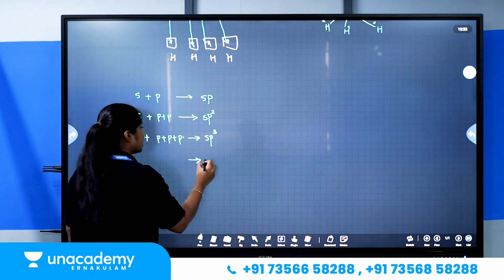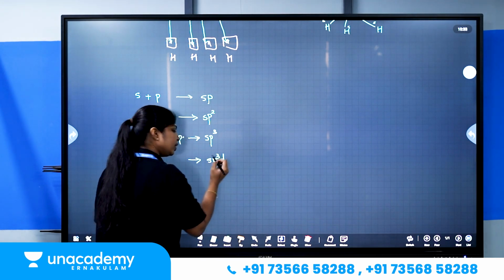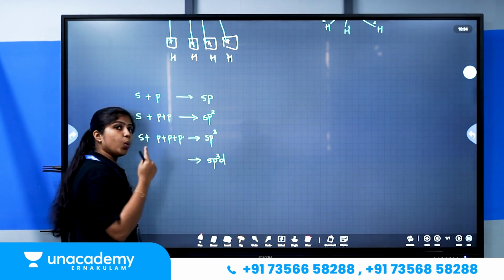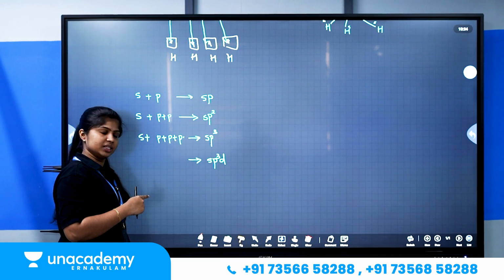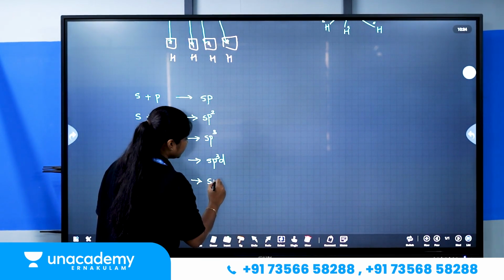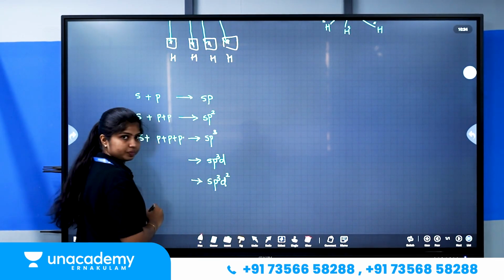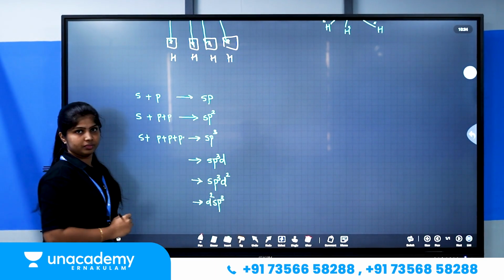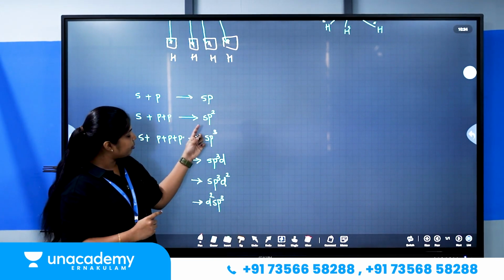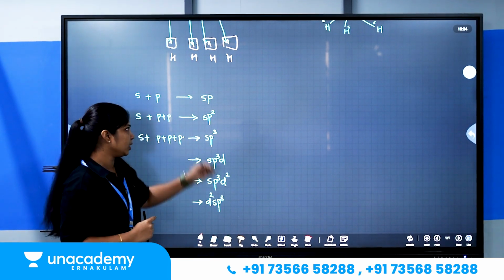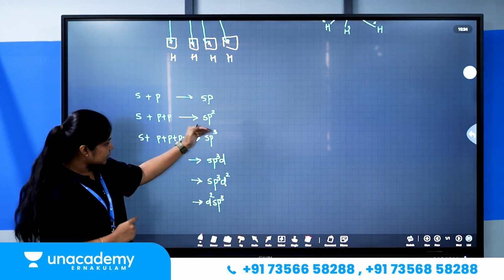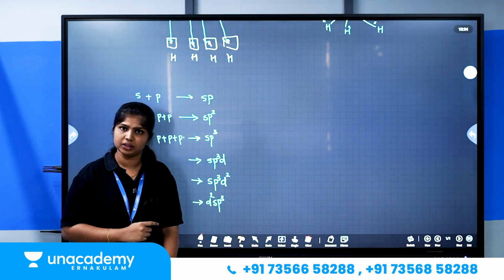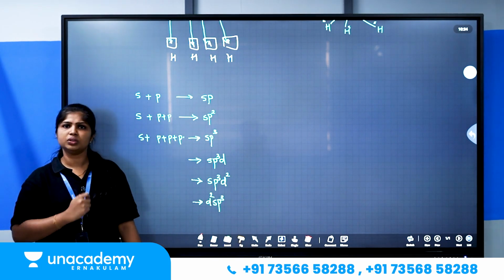Similarly, there is sp3d, that is 1 s, 3 p orbitals and 1 d orbital will undergo hybridization. Then similarly sp3d2 is there and d2sp3 is there. So these are the different types of hybridizations possible: sp, sp2, sp3, sp3d, sp3d2 and d2sp3.